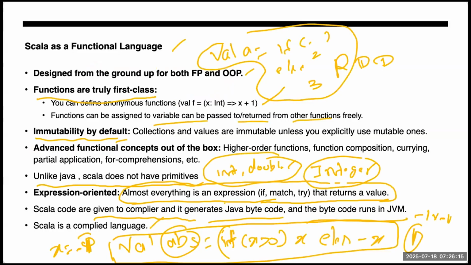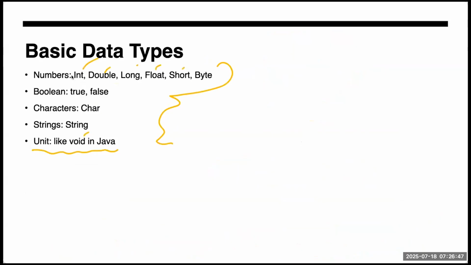It does support int and double, but we don't call them primitive.